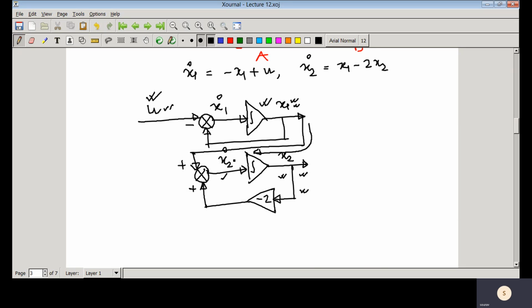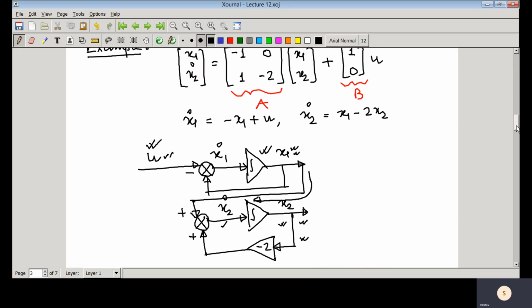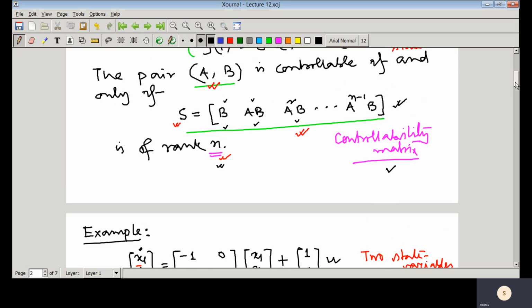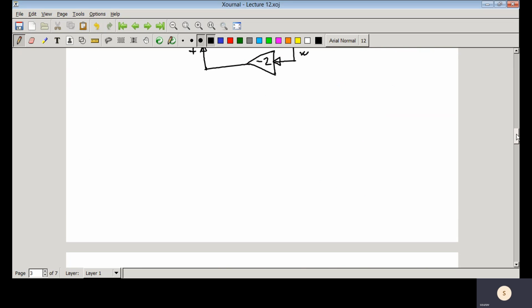So let us test it via the controllability matrix. The controllability matrix is S equal to [B, AB].